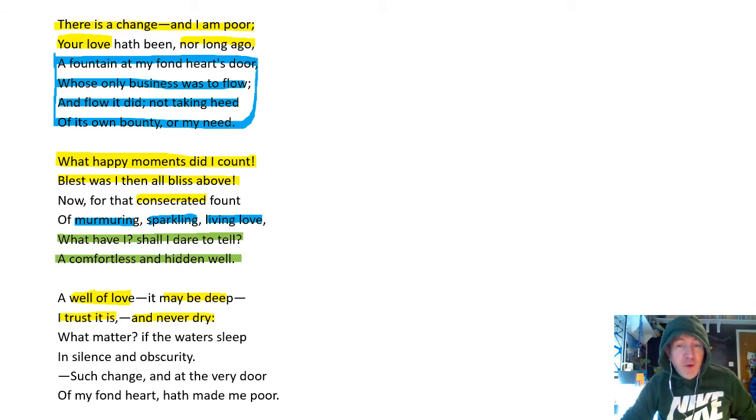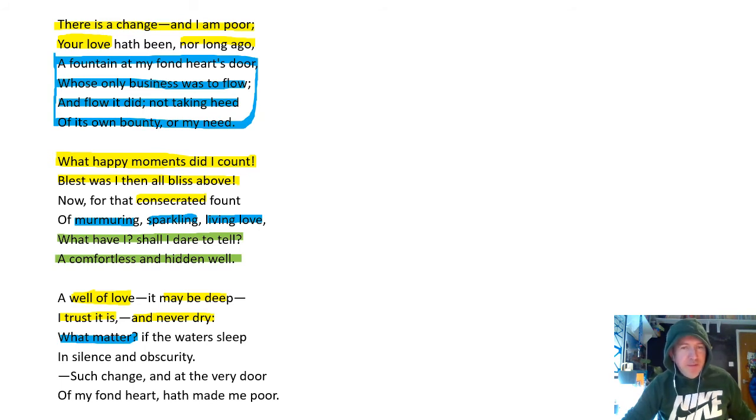And another question: what matter if? So what matter? He's kind of just saying, what's the difference? The love is still there, the water's still there, but I'm sure you'll notice there's a big difference in the two metaphors in how water behaves in these two different images.